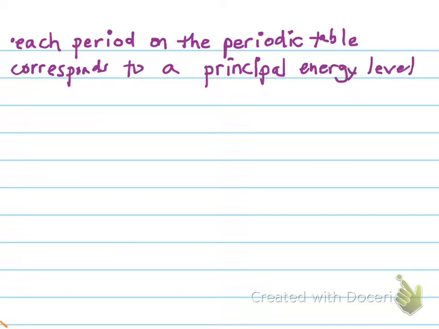So again, remember, those are the N numbers that run down the left-hand side of your periodic table. And your principal energy level is the same as the row you're in on your periodic table, for the most part.